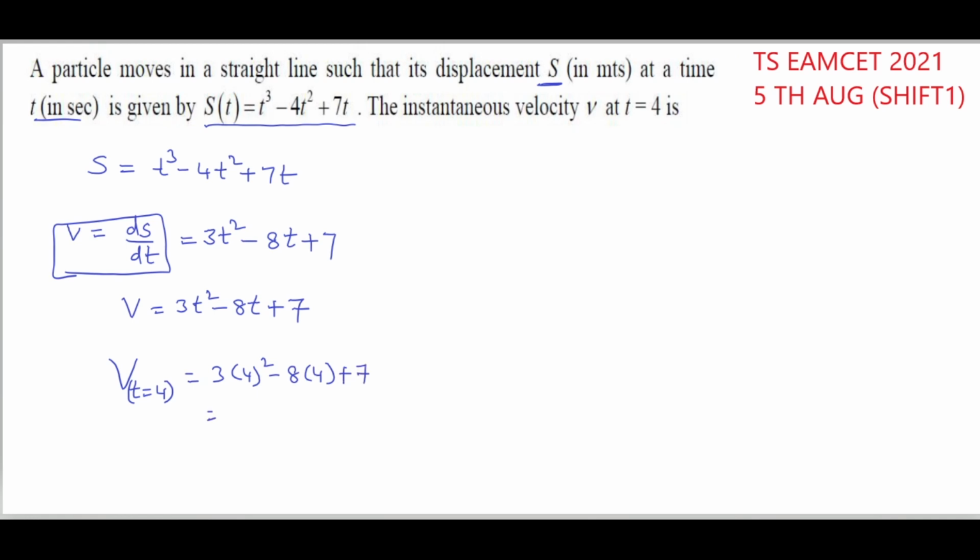So 4^2 is 16, 16 into 3 is 48, minus 8 into 4, 32, plus 7. So 48 - 32 is 16, 16 + 7 is 23. Therefore velocity is 23 meters per second.